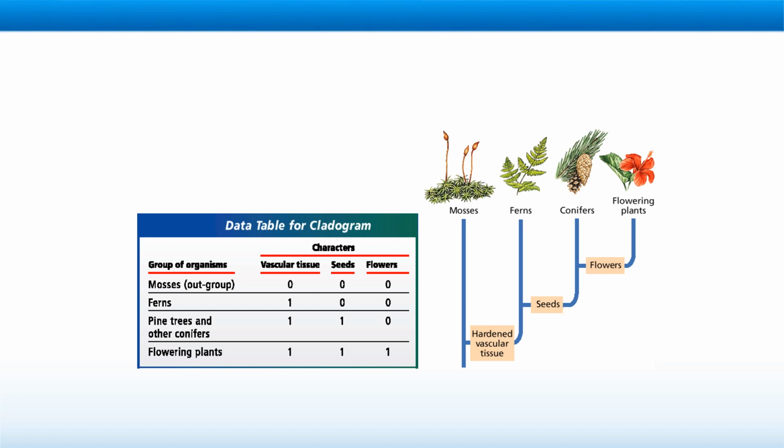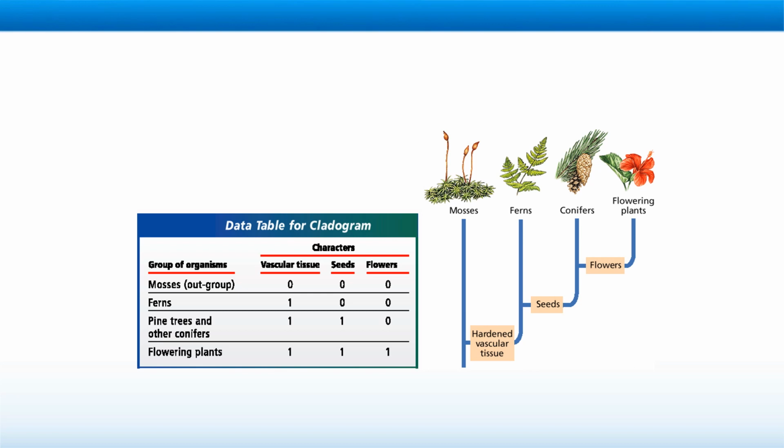Ferns have vascular tissue, so we know that after the mosses, the ferns would be the next group that existed. And you can see that after the mosses, every other plant has had vascular tissue. So when we look at those derived characteristics, the hardened vascular tissue appeared after the mosses. So every plant after that will have that particular trait.